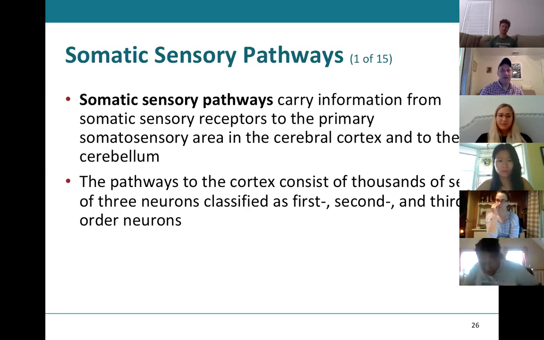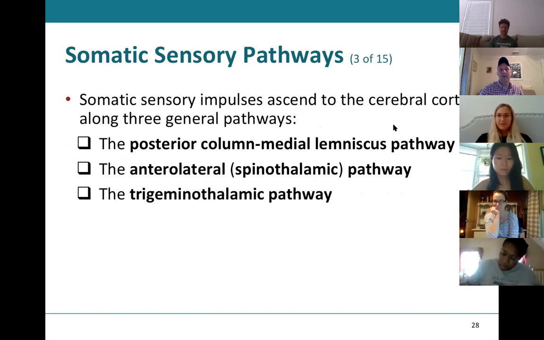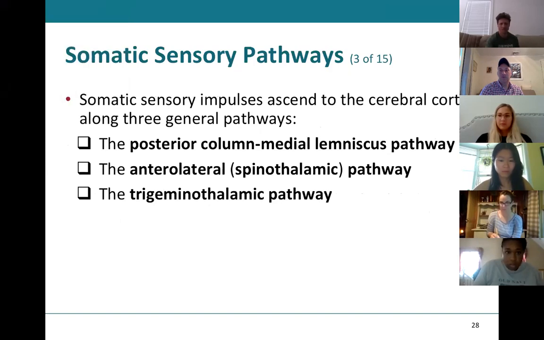What happens to it after that? Like I said, we don't cover that inside this class. However, we can break those pathways for the purposes of this class into somatic sensory impulses on 3 general pathways. Regardless of what type of sensation is being collected, it will travel into one of these pathways. And a way to think of it is this.